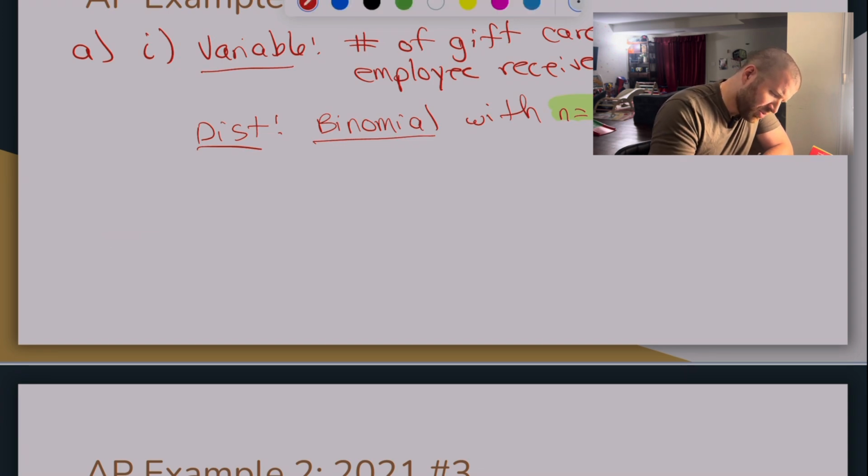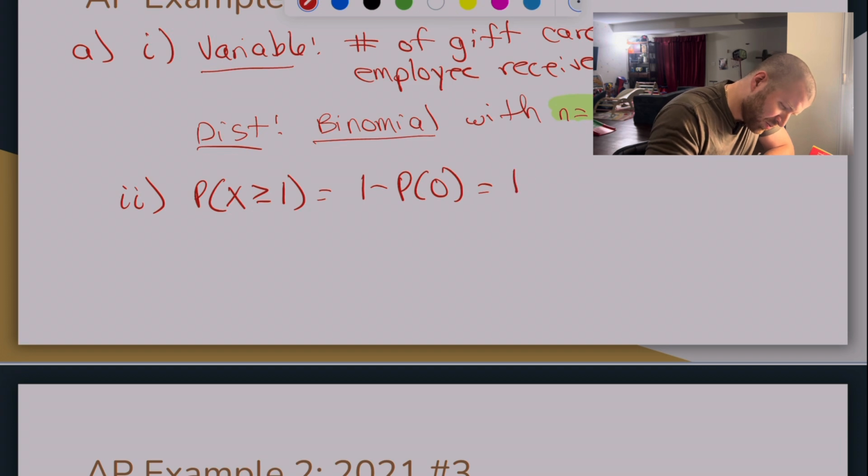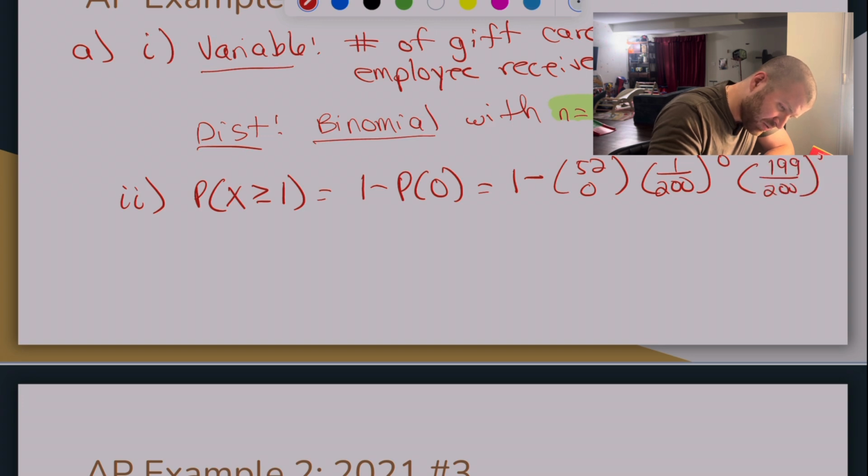All right, so for part 2, the probability of it being greater than or equal to 1 is just 1 minus the probability of 0. So that's 1 minus, right, again, I have, in this particular case, 52 weeks choose 0, 1 over 200 to the 0, and then 199 over 200 to the 52nd.